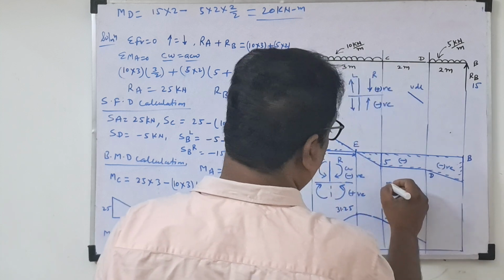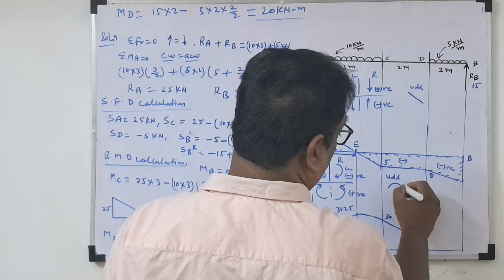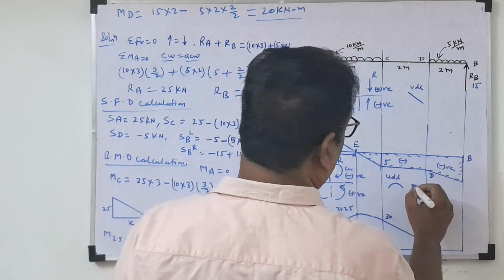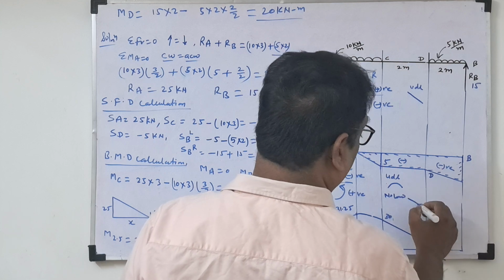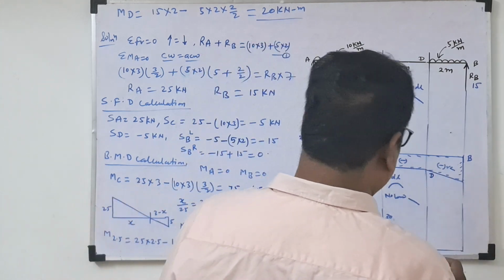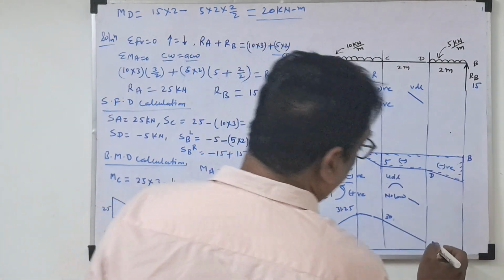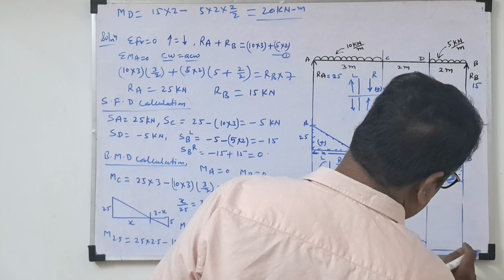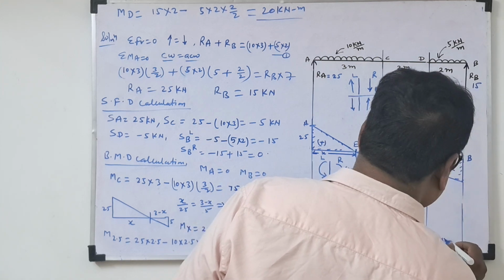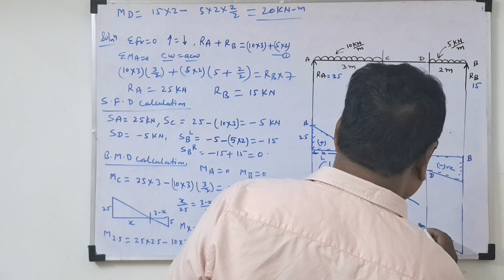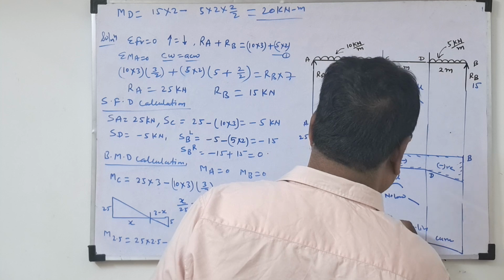So for UDL, the bending moment diagram is parabola. For no load, inclined line. So we draw the inclined line. Again, the bending moment at point B will be 0. So make the curve line. This is curve line, this is straight line, and this is curve line up to here.